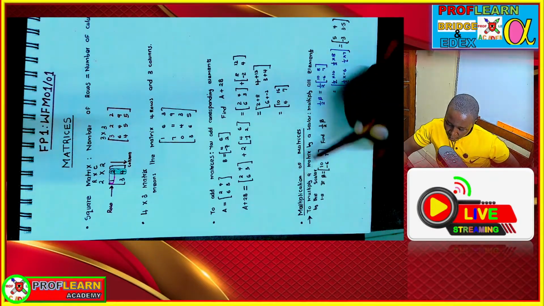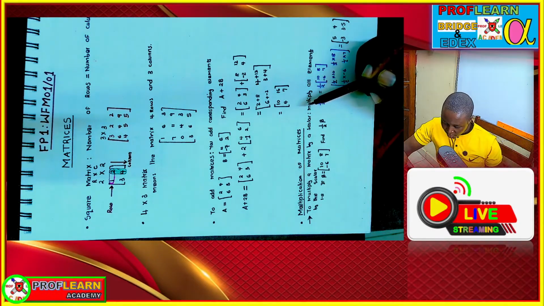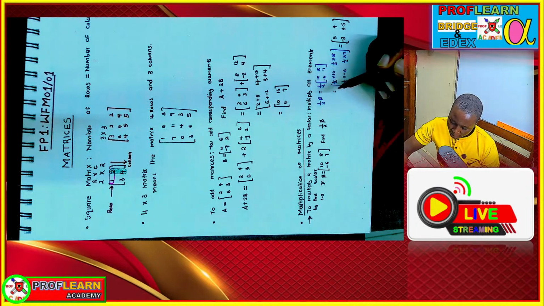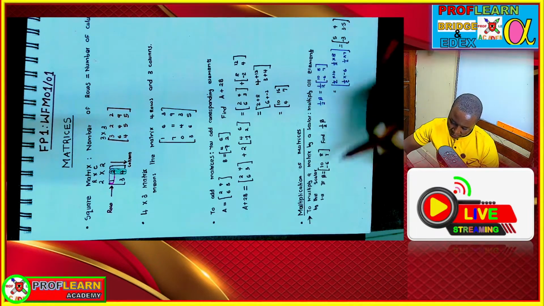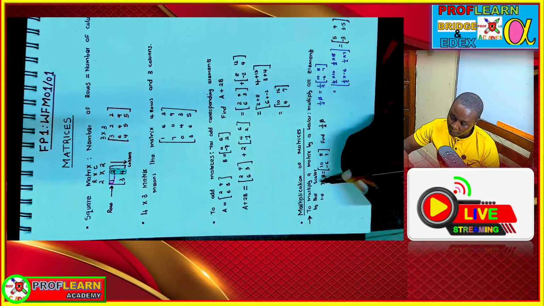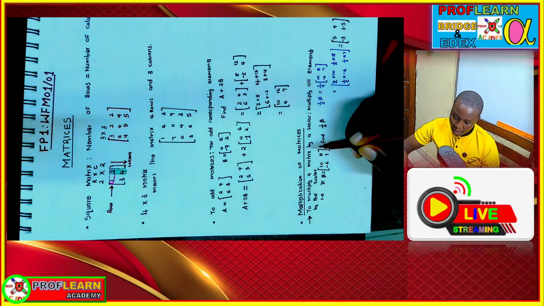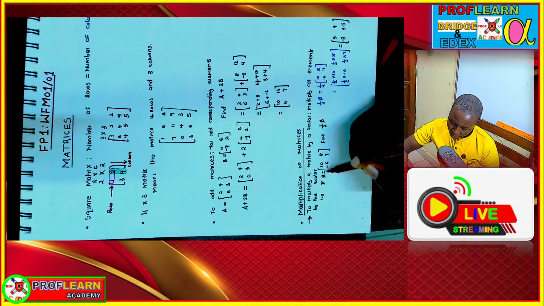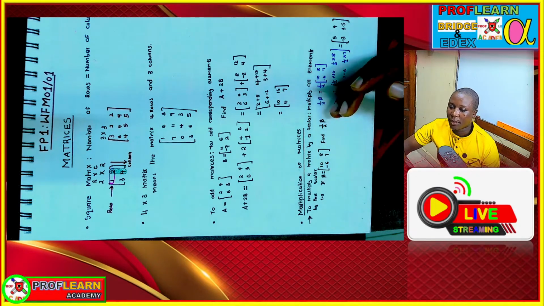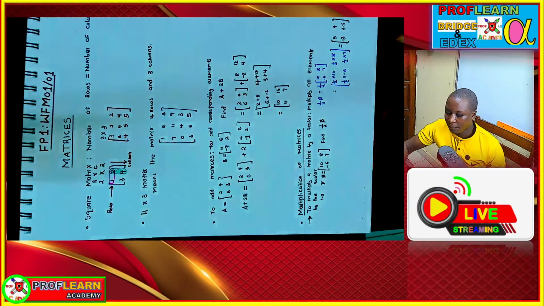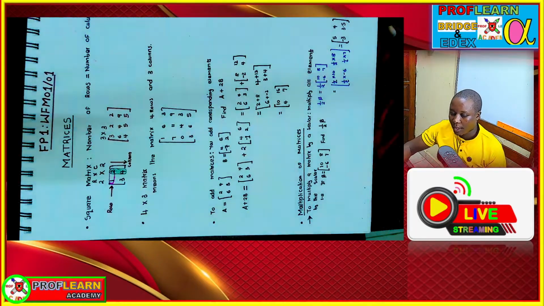But if you are doing multiplication of matrices, you need to multiply row by column. First we shall talk about scalar multiplication. Scalar multiplication means you have just a single number outside the bracket which is going to be multiplied into that particular matrix.